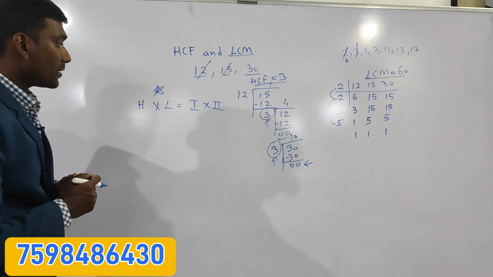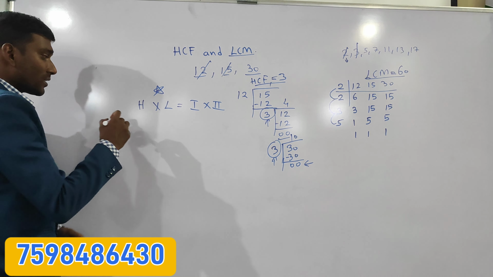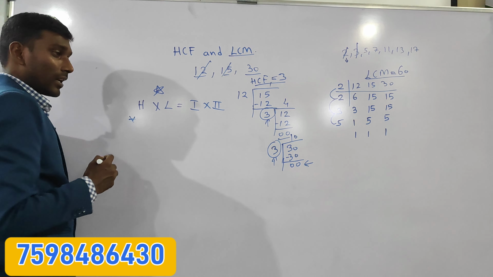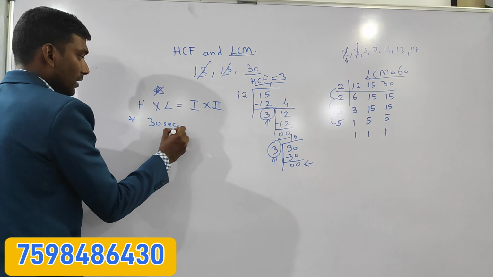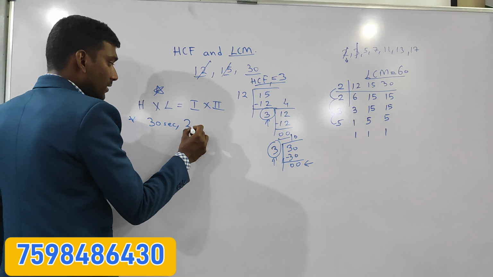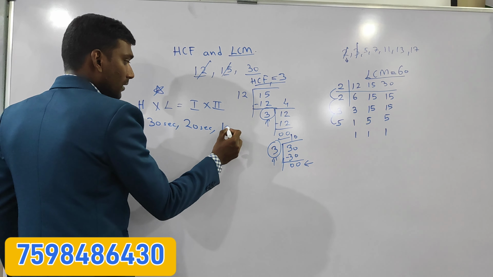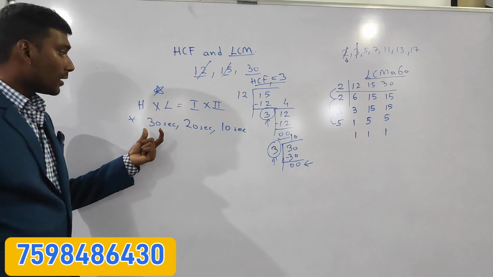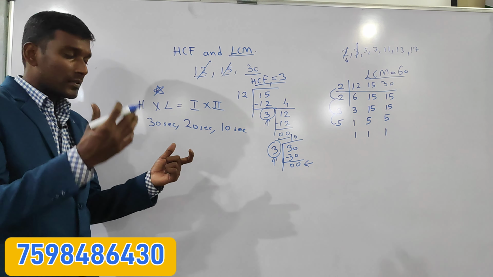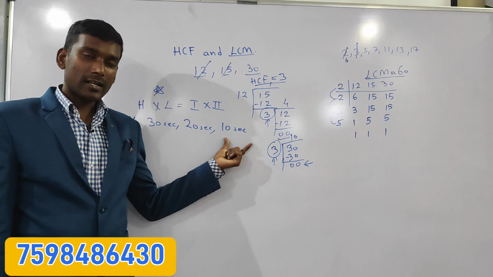Now the question asked here is, for example: there are 3 signals. One signal glows at 30 seconds, another at 20 seconds and another at 10 seconds. So there are 3 signals, they all turn at different timings, that is 30 seconds, 20 seconds and 10 seconds.